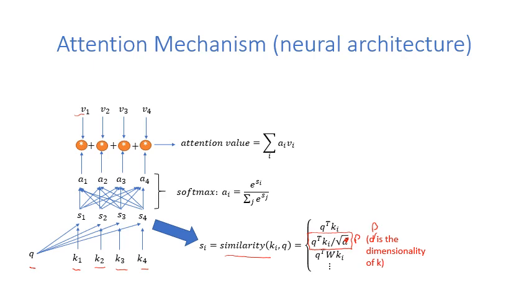Okay, and then when we have the similarity, this similarity goes through another layer, which is basically a softmax. We are computing something similar to a probability. I mean, all values are positive and sum to 1 through this softmax. And then we use this softmax as a coefficient of values.